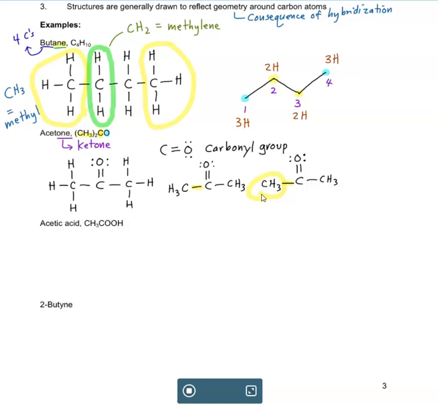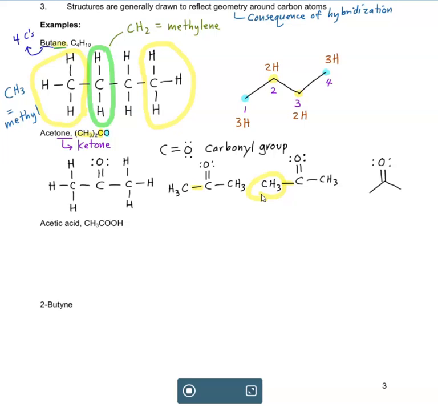So it's a 3-carbon chain, so we're going to draw that like this. It's the central carbon, the middle one, that's doubly bonded to the oxygen, and so we would draw that like so. Now at this stage of the game, we always want to include the lone pairs on everything. Notice though that we don't have to include the hydrogens on the methyl groups.